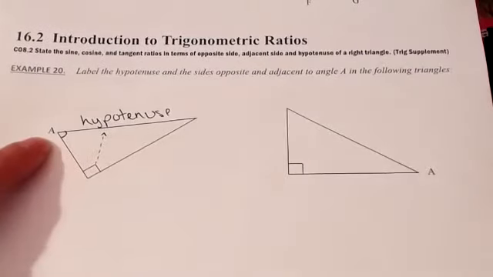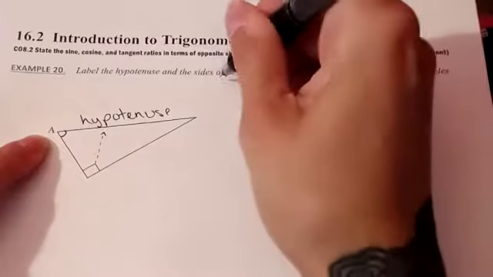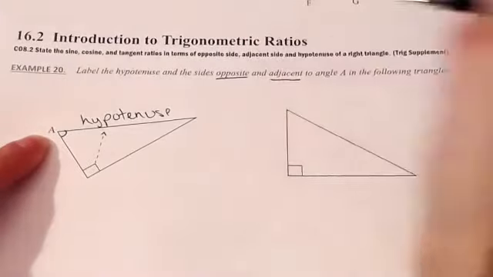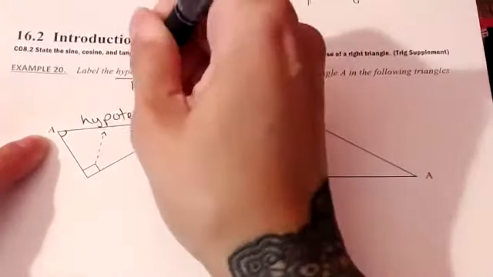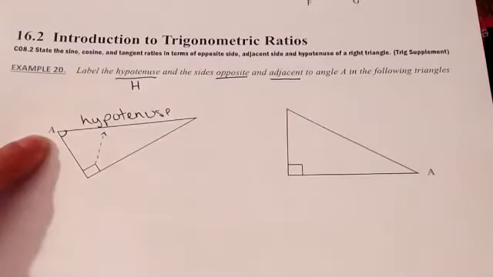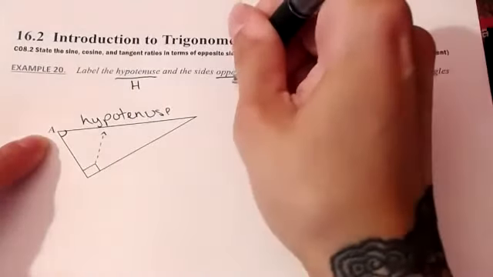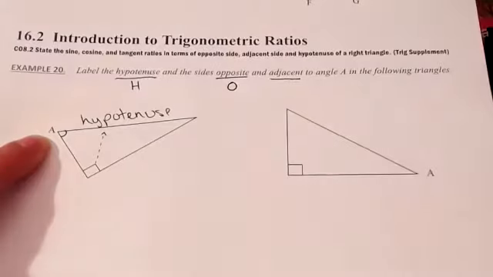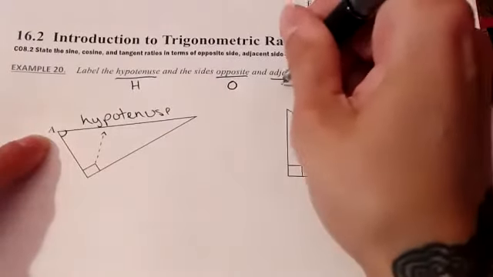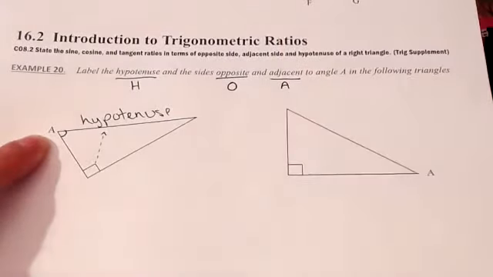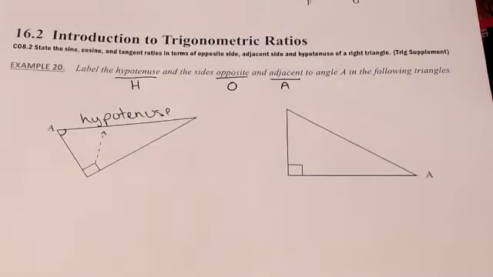Now, because our reference is here at angle A, we have to think, which sides are opposite and adjacent? I already took care of our hypotenuse, right? If I'm at angle A, which side is opposite? And if I'm at angle A, which side is adjacent? Adjacent obviously means right next to, and opposite, you know what opposite means.